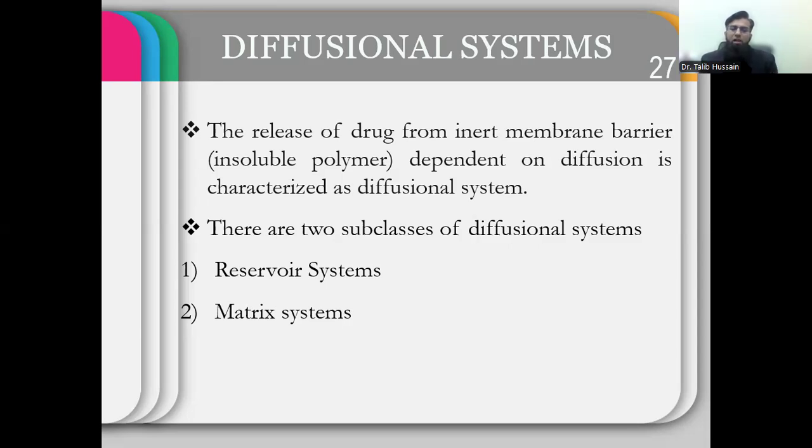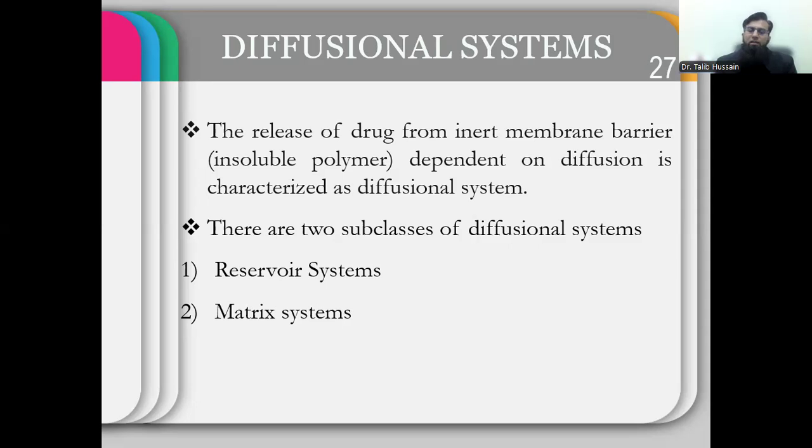Here in the reservoir system, we can coat a polymer on the drug that will remain intact throughout the time of drug delivery. If it remains intact, it will serve as a reservoir. So reservoir systems are considered coated systems.